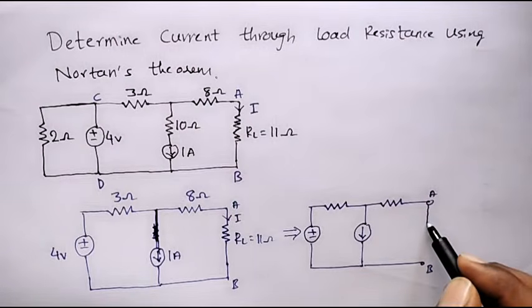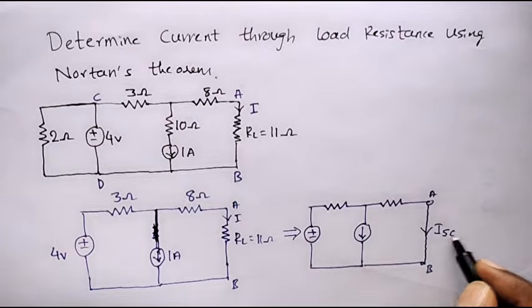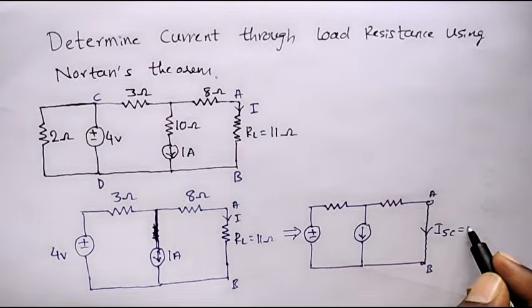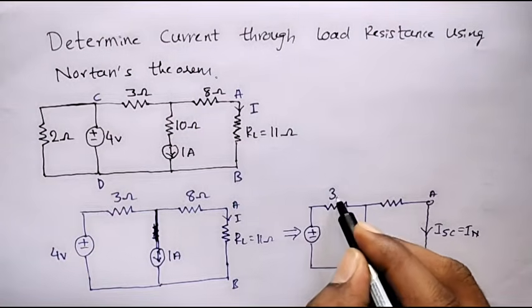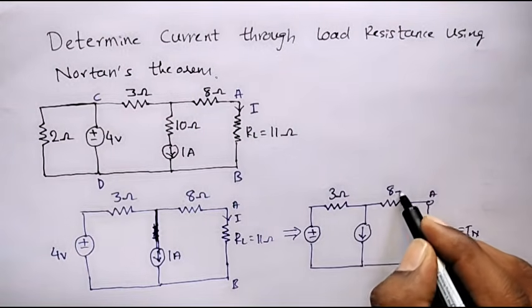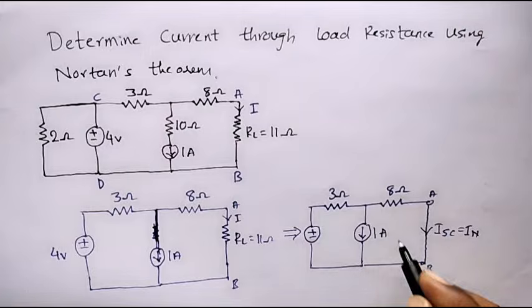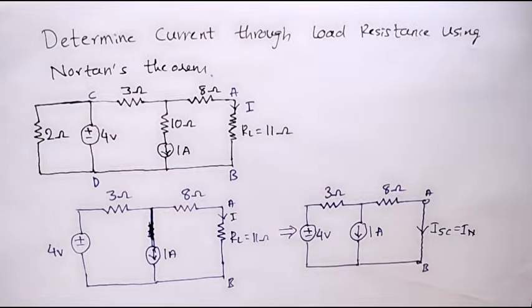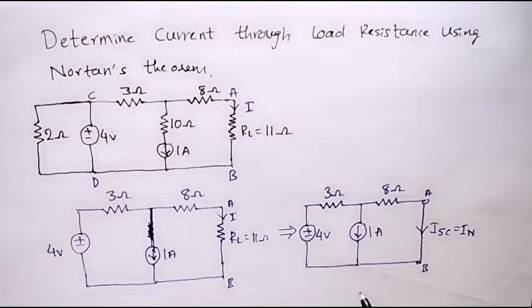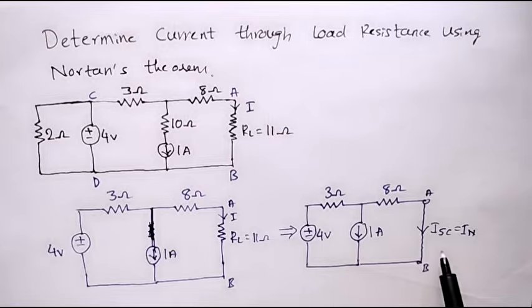Now we are supposed to short it and find the short circuit current, that is ISC, also called Norton's current. The value of this resistor is 3 ohm and this one is 8 ohm, this is 1 amp and this is 4 volt. So in this circuit now we need to find the short circuit current or Norton's current.